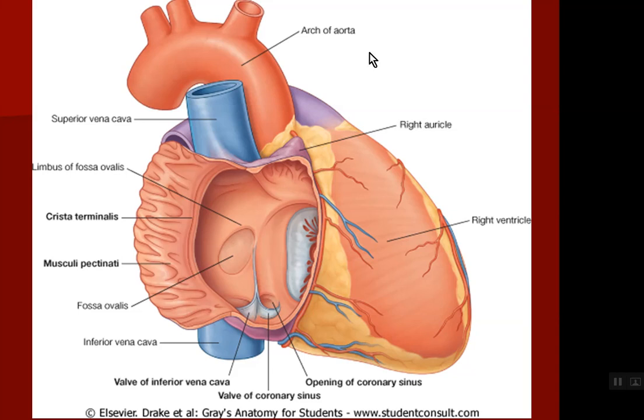But the ventricles are a place for forwarding the blood to the organs of the body, for the left ventricle, and to the lungs for the right ventricle.